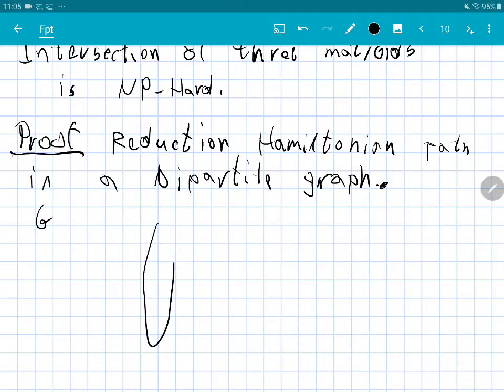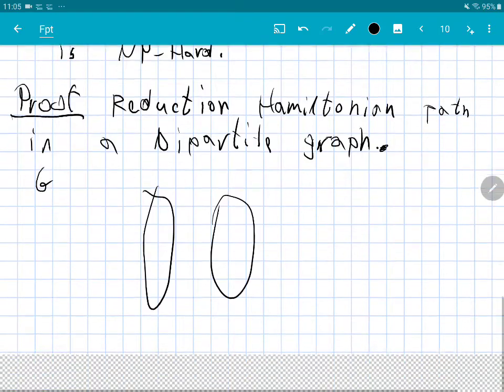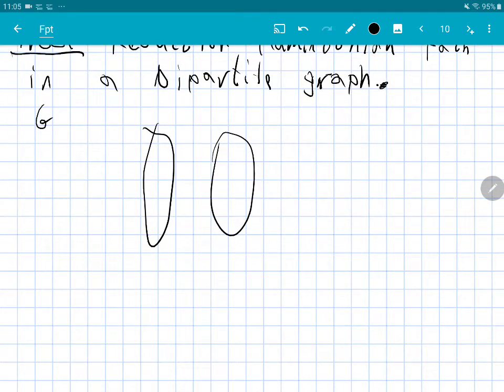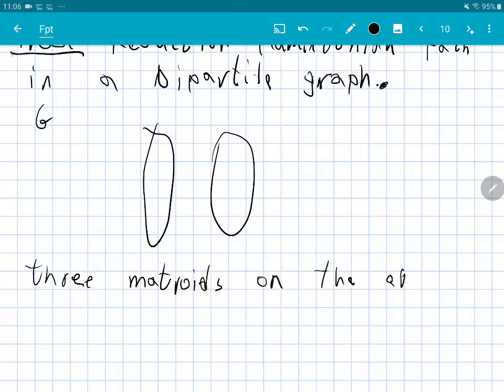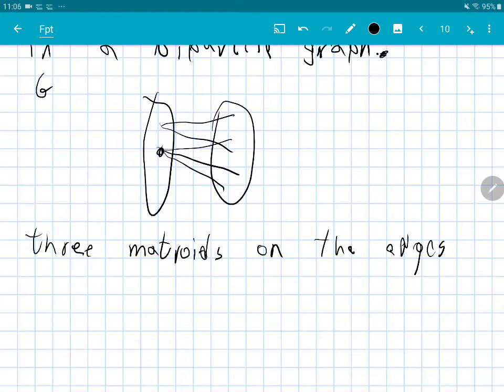Okay, and let's draw it. It has two sides. And we're going to build three Matroids. The Matroids are going to be on the edges. The first Matroid, so it's a bipartite graph, would contain only sets of edges such that every vertex is contained in at most two edges.